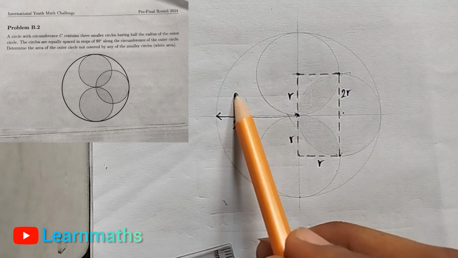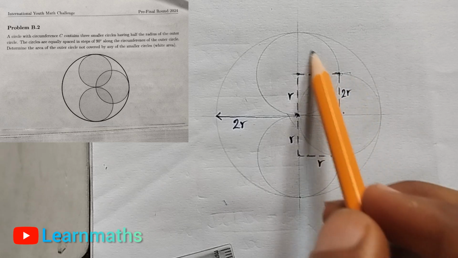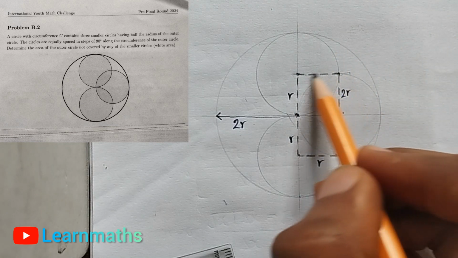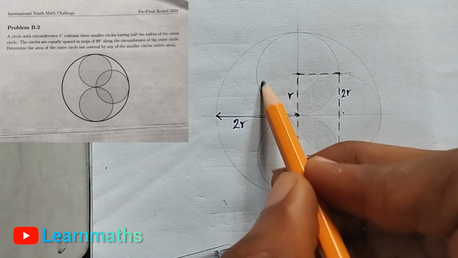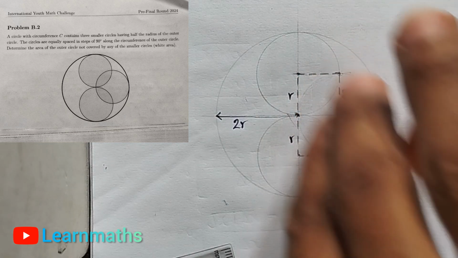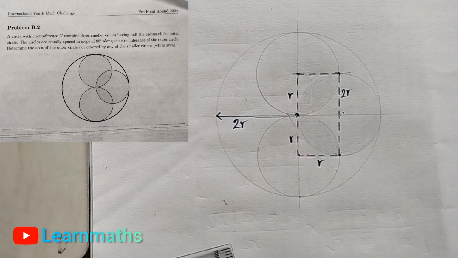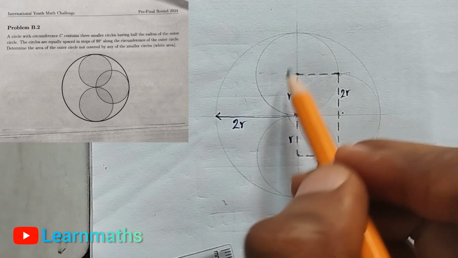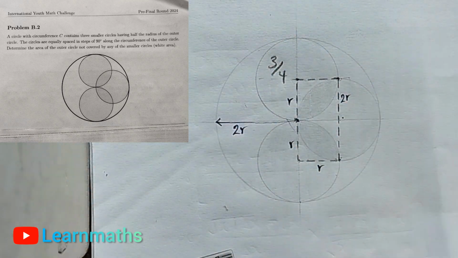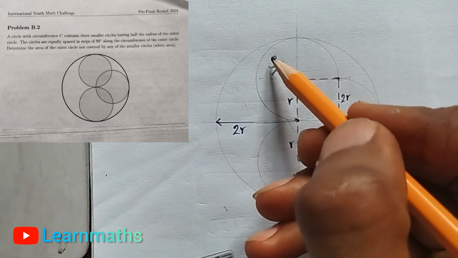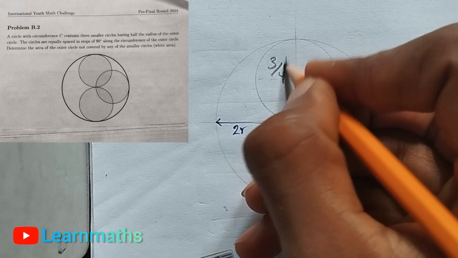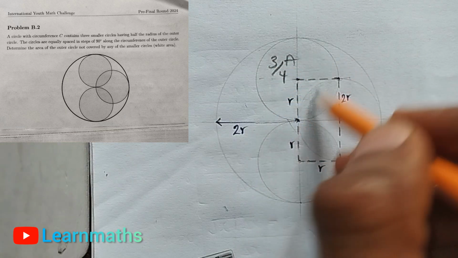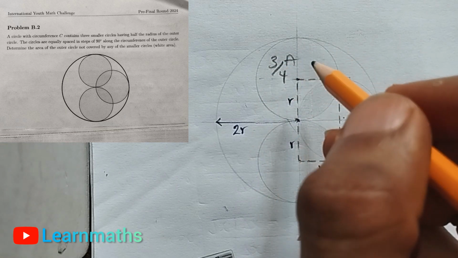Now, if you remove the area of this rectangle from this first small circle, you just exclude the rectangle from this small circle here, you're going to notice that we have 3 out of 4 of the area of this small circle. If you subtract 1 out of 4 from the entire circle, you'll be left with 3 out of 4, the area of the small circle, right?